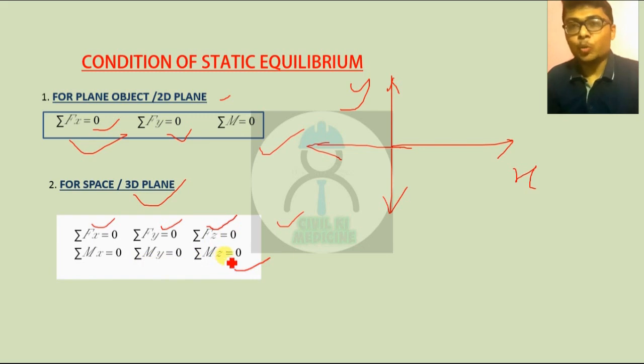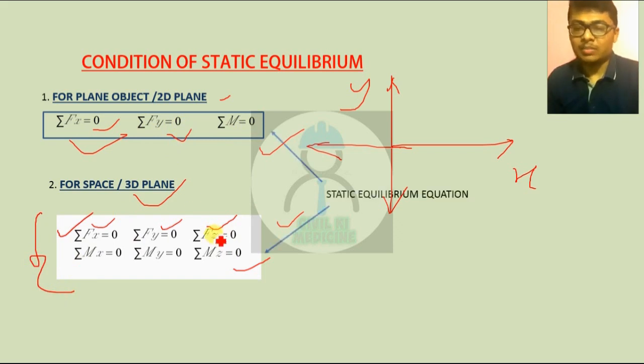Therefore, if a body is in static equilibrium in case of a 2D plane, it must satisfy these three equations, and in case of a 3D plane, it must satisfy these six equations. Okay, and these equations are called static equilibrium equations. So in case of a 2D plane, the number of static equilibrium equations is 3, and in case of a 3D plane, the number is 6.